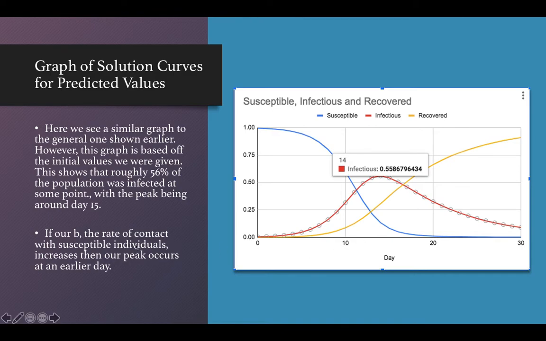The same thing happens if you decrease the B, except it will be at a later day. So the rate at which people are becoming infected is highly important in these models because it determines how quickly we reach the peak of infected individuals. And often, if your rate of contact with susceptible individuals is higher, then you're probably going to have a higher percentage of the population that has been infected.